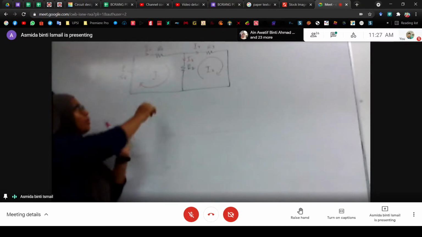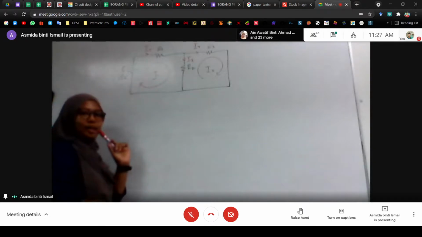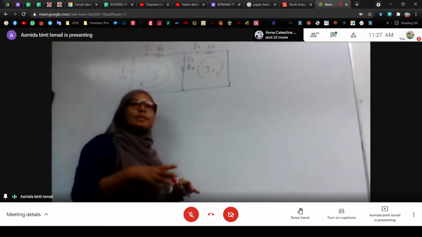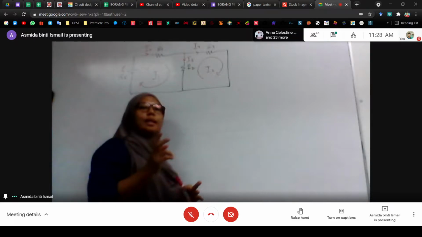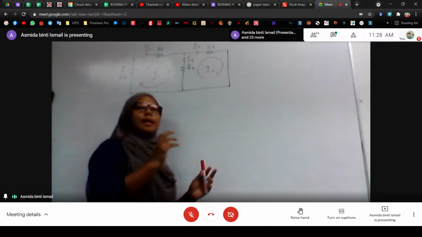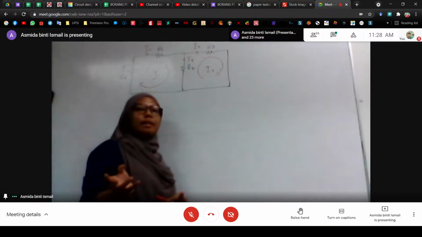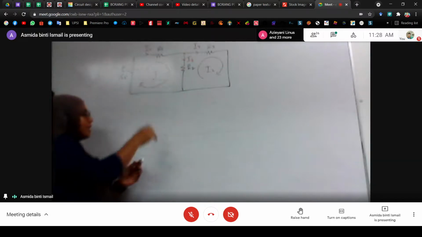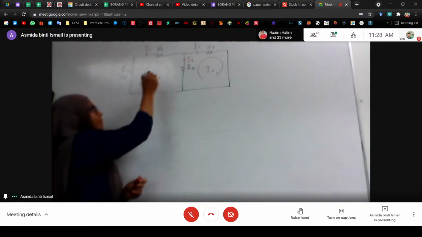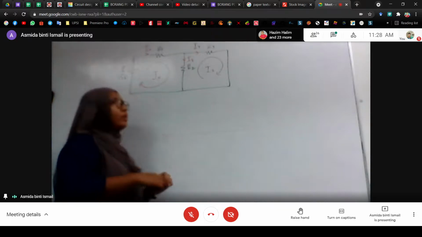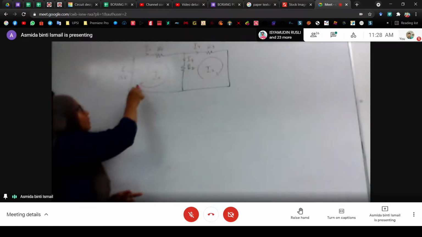If you want to write here I1, can, but at the end of the answer, you need to make a conclusion that Ix is equal to I1. But if you want to use this as Ix, also can, because we know that the current flow here is Ix, so we label it Ix.